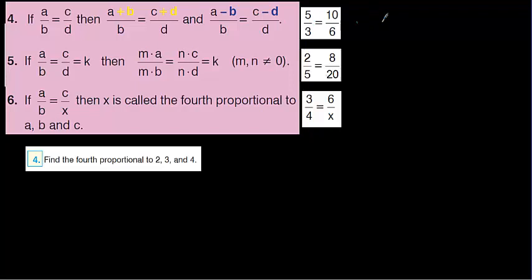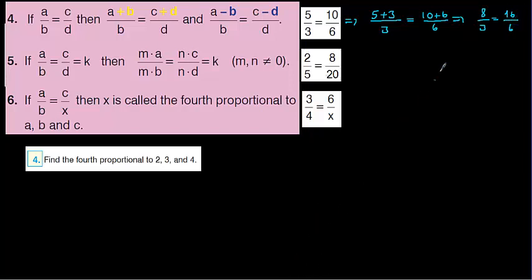Let's see how it can be. 5/3, we know that it may be equal to, using the property, 5 plus 3 over 3, may be equal to 10 plus 6 over 6, and this will be equal to 8/3, and that's equal to 16/6.